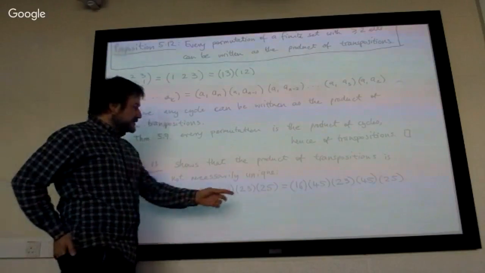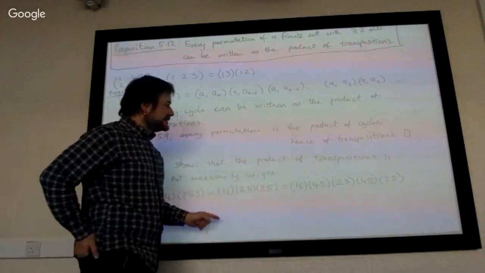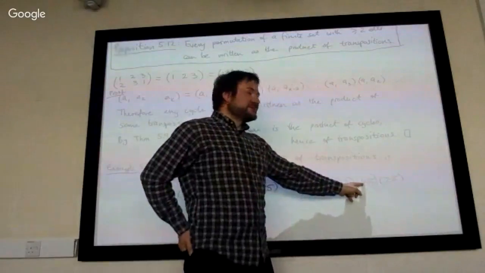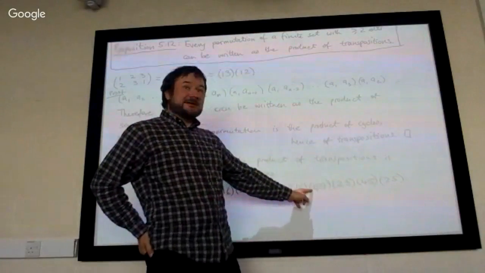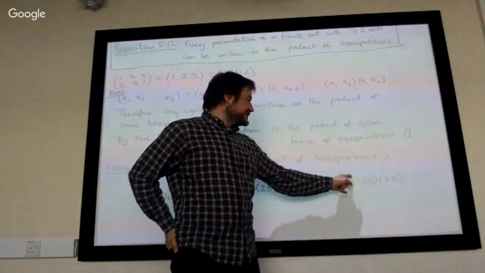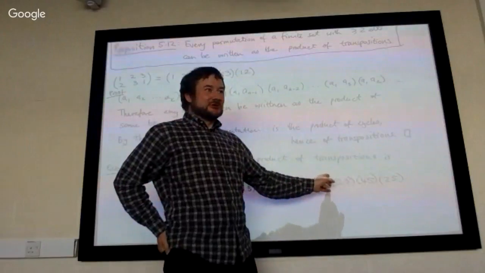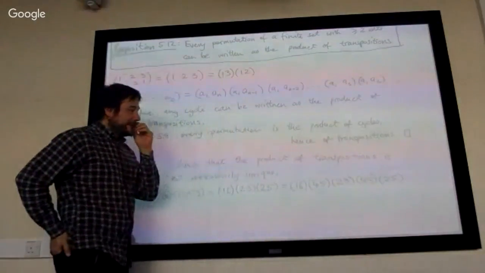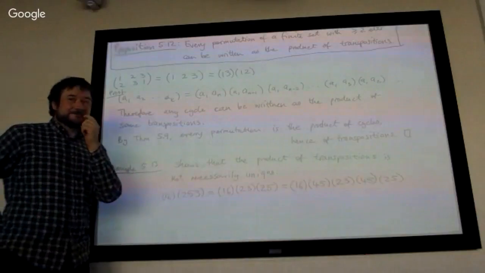Yeah, so when you're going like this, 4 switches with 5, and then it switches back, and it doesn't influence anything here in the middle. So it's the same.